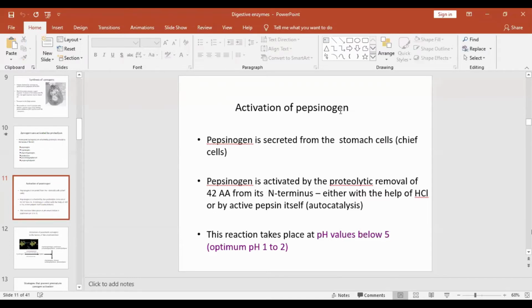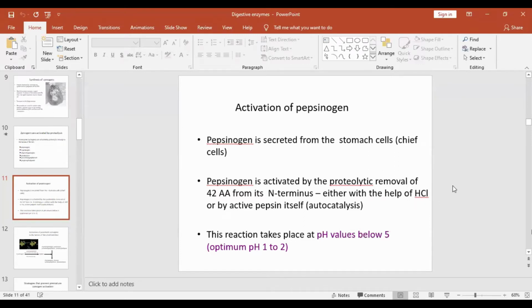First it is formed, and after that it comes into the tract. For its activation, pepsinogen is activated by proteolytic removal of 42 amino acids from the N-terminal, because it is a large protein.